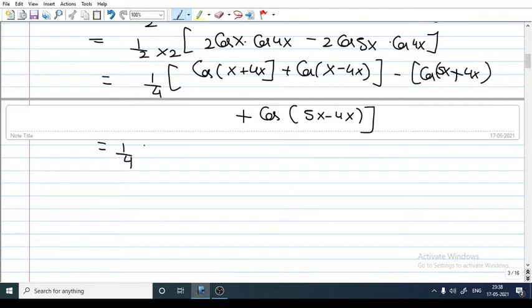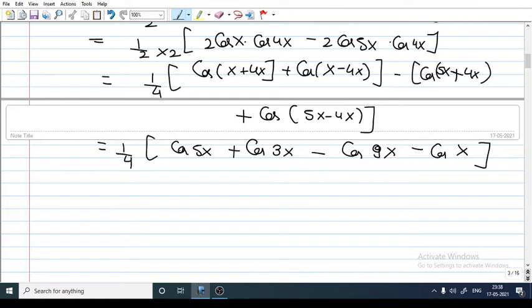We are getting 1/4 into bracket cos 5x plus cos 3x, because cos minus theta is cos theta, so cos minus 3x will be cos 3x, minus cos 9x minus cos x. So finally we are getting this. Now we have to apply the nth derivative formula for cos ax plus b, which will give us our answer as 5 power n cos 5x plus n pi by 2, first thing.